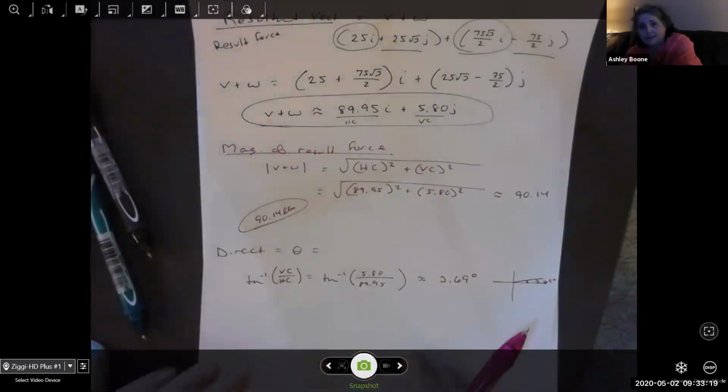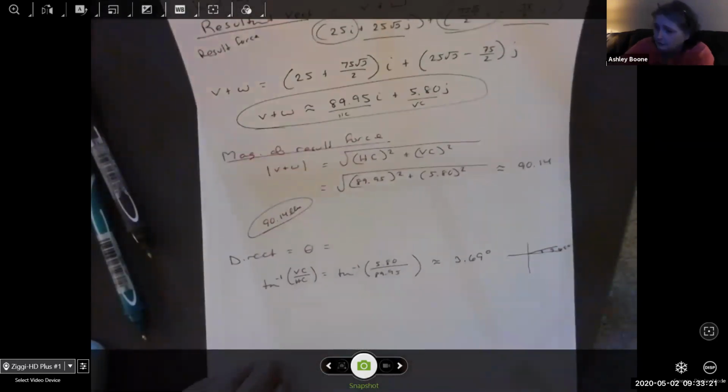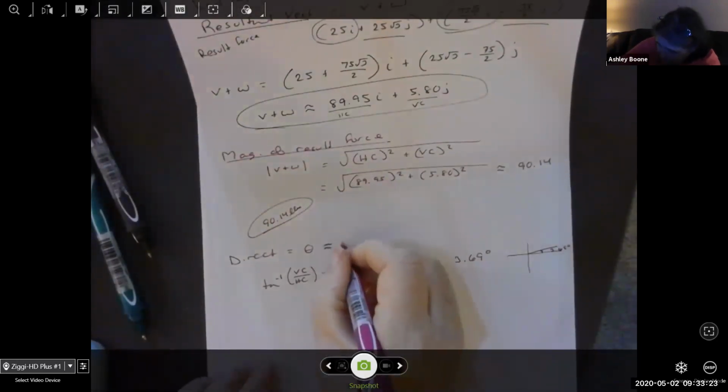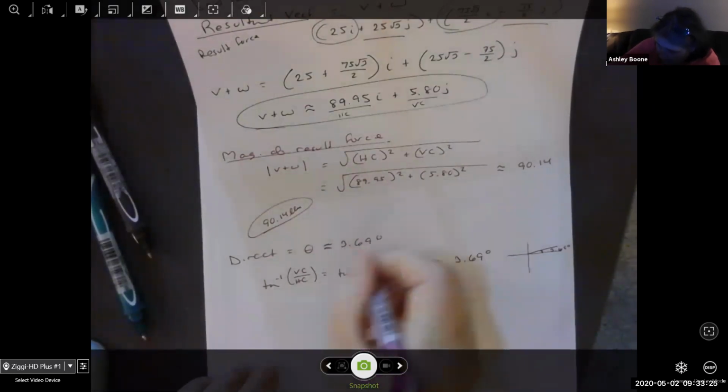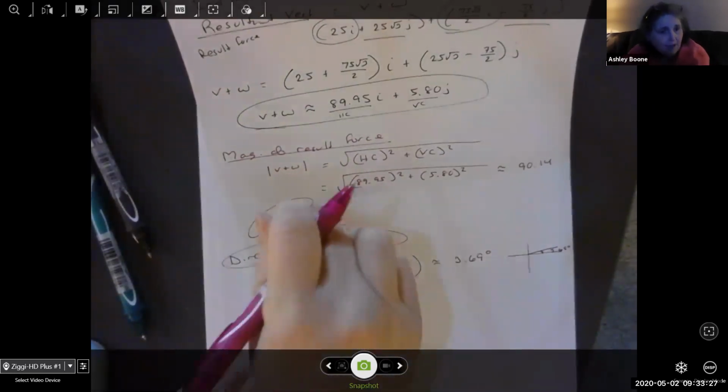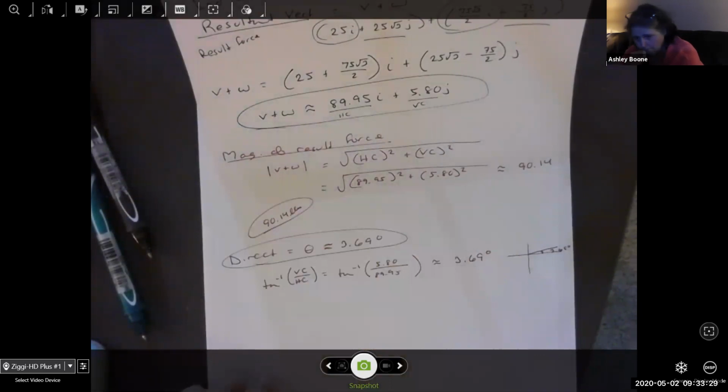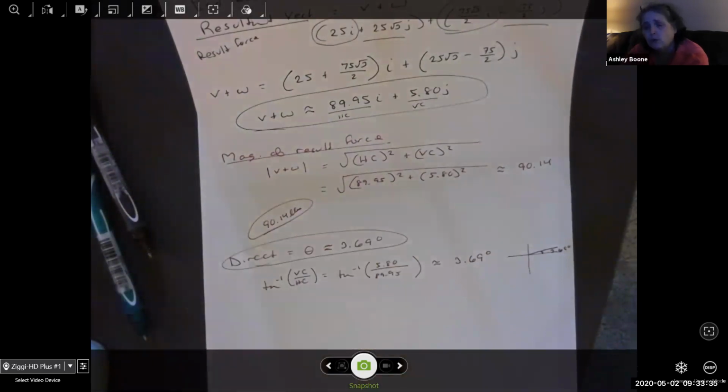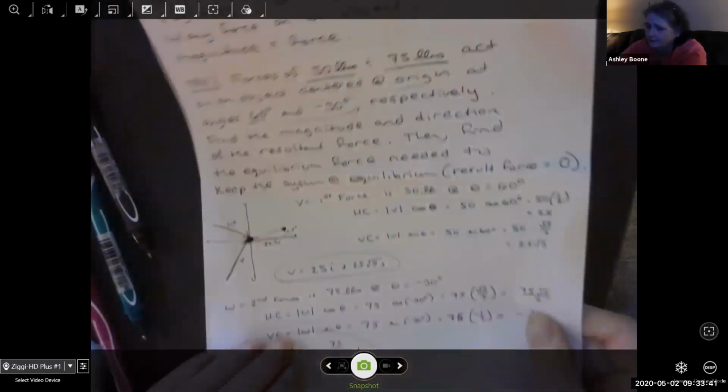That's that angle, and that is our central angle. So we have the direction and we have the magnitude, okay? This problem actually had one last question, and this is it for this section in this video. Look at this last question.